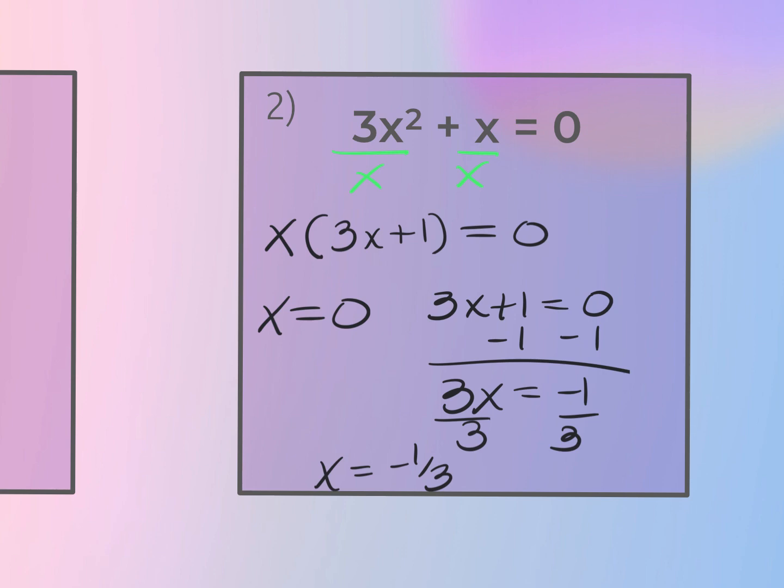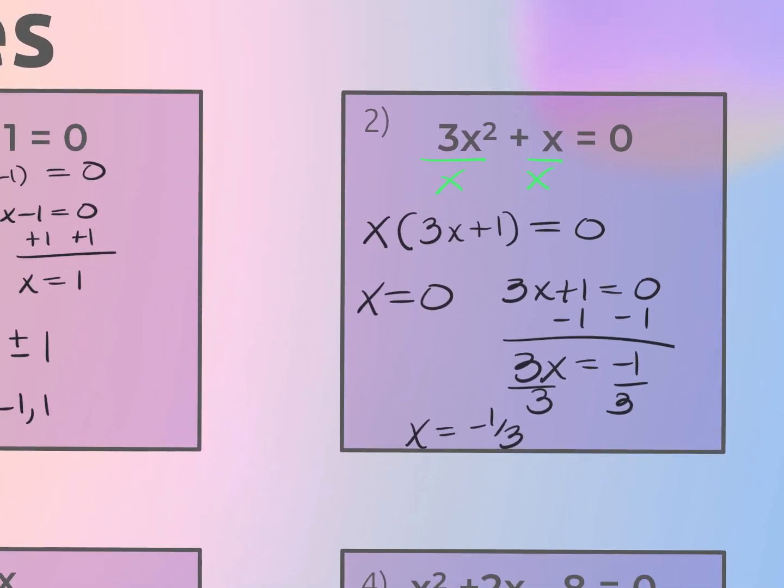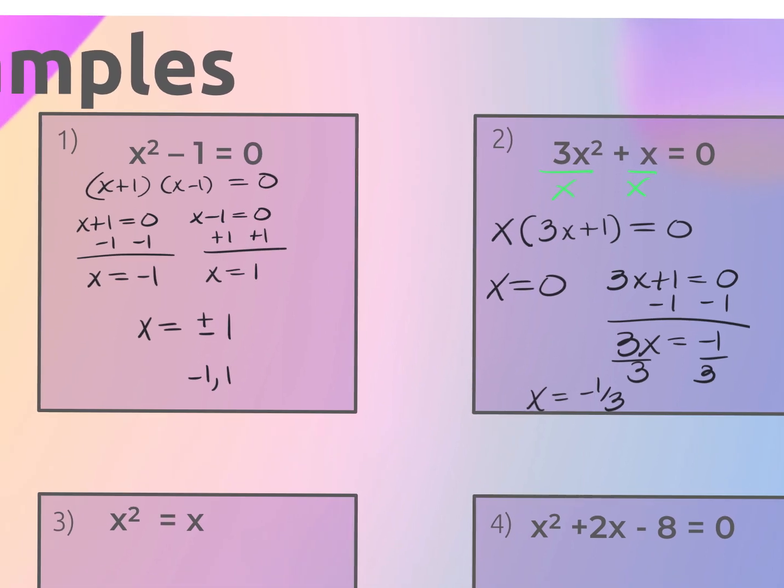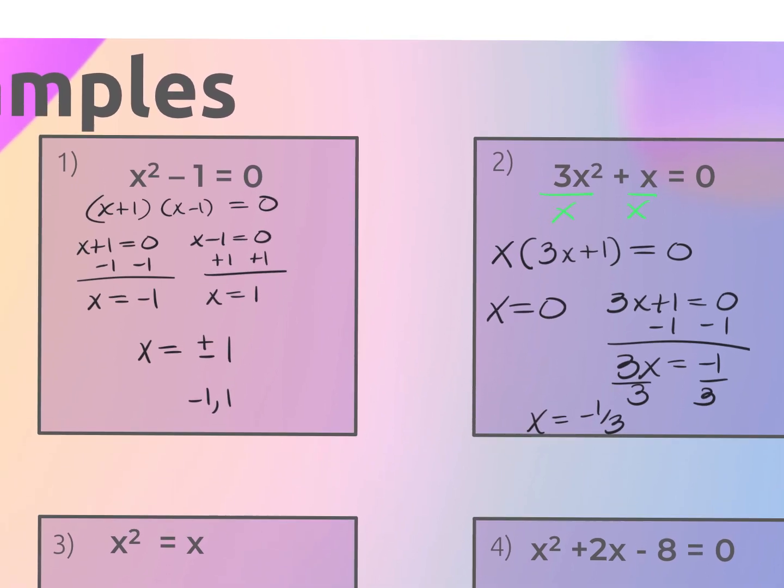If you notice, both of these examples had an x squared. This is a clue how many solutions you're going to end up getting. So notice my highest exponent was an x squared, so that was a clue that I'm going to be looking for two answers. Now, sometimes the answers are the same number. For example, if you're factoring a perfect square trinomial, the numbers will be the same.